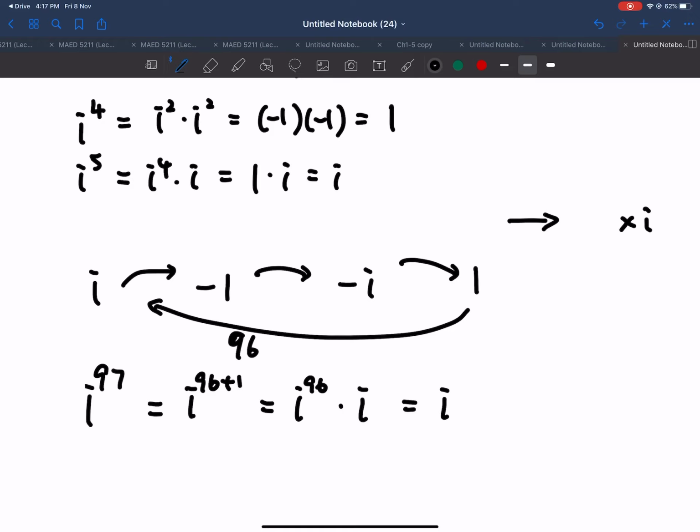Yeah. 96 is a multiple of 4. That means i to the 96 is 1. Oh, okay. Yeah, okay. So this is the beginning of complex number.